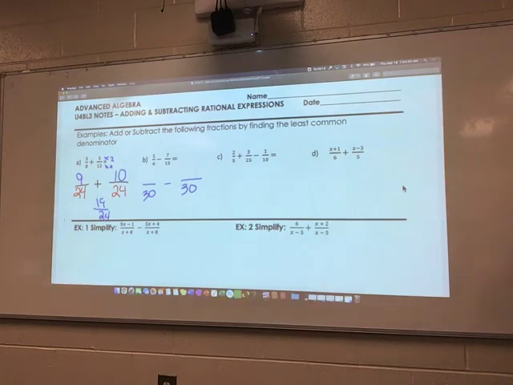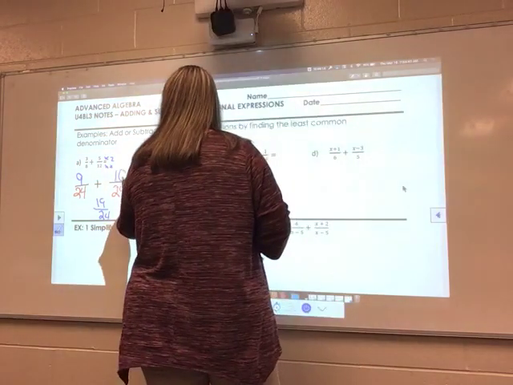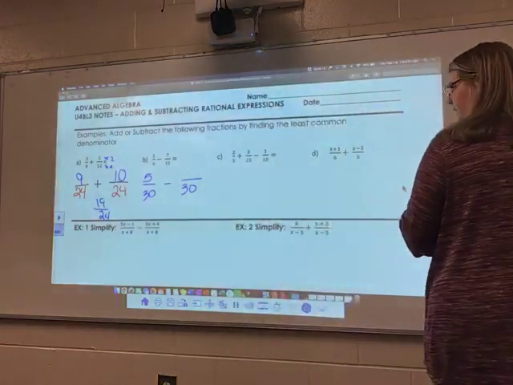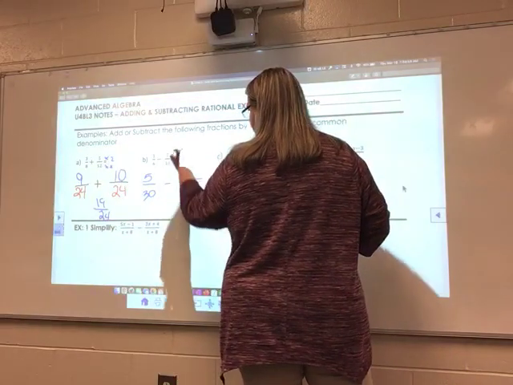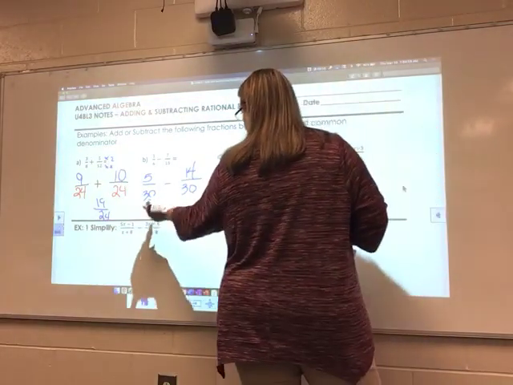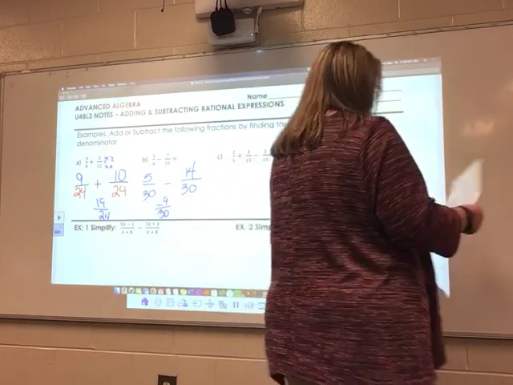So 6 times what is 30? 5. So I take my 5 and multiply it by the old numerator to get the new numerator. And then 15 times 2 gives me 30, so 2 times 7, 14. What is that, negative 9? Yeah, negative 9 over 30.